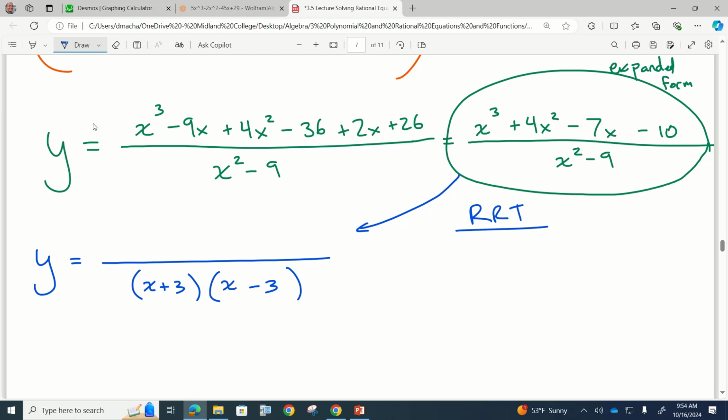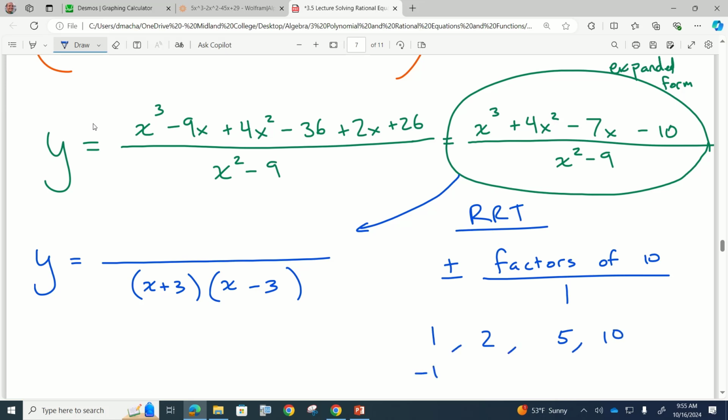And the rational root theorem says everything that could be a root is going to look like factors of 10 divided by factors of 1. So that's going to be 1, 2, 5, and 10. But also negative 1, negative 2, negative 5, and negative 10.